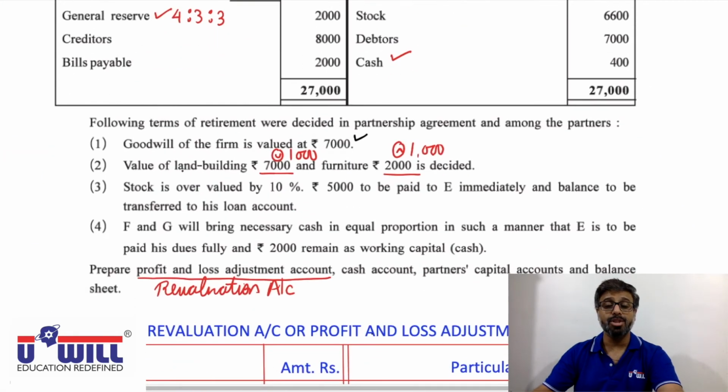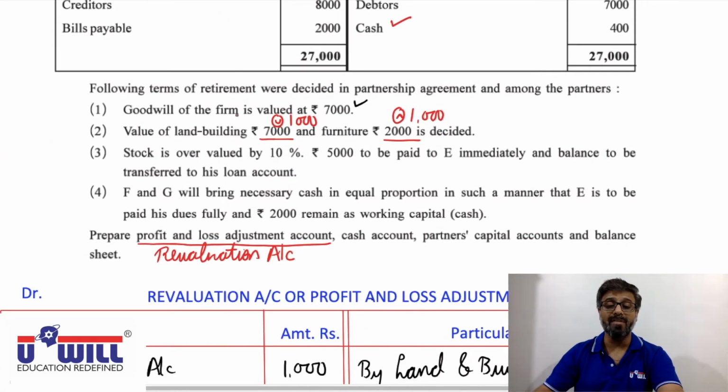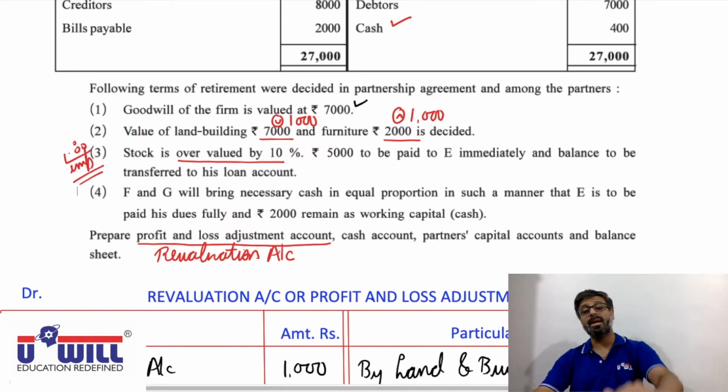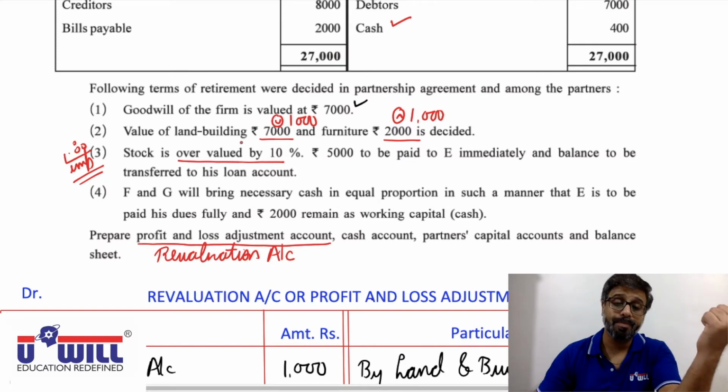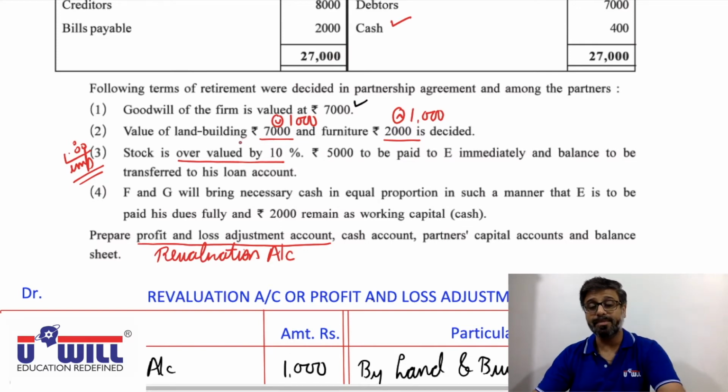Next, stock is overvalued by 10%. Most important. Now be careful everyone. The very first impression that will come in your mind is that stock is overvalued, means it is our profit, we should be happy. No, it's not like that. Stock is overvalued by 10%, means what?